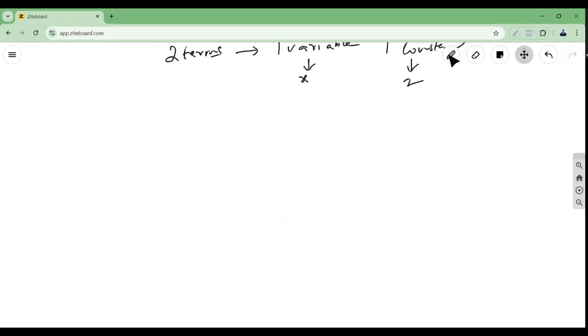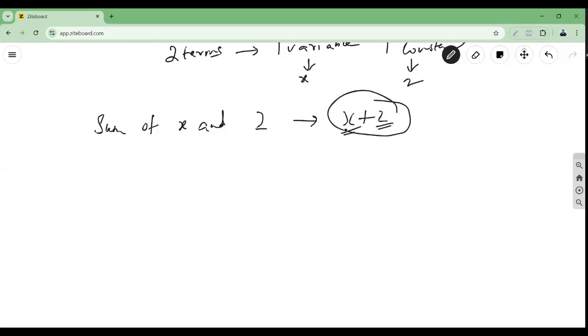If you see in the previous video, when I say sum of x and 2, you would have written this as x plus 2. So this x is a term, the 2 is a term, and this entire thing is an expression. So we had made these sentences into expressions.